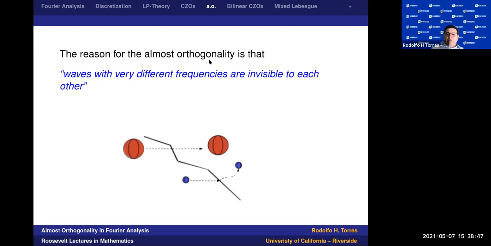Okay, if you attended this morning, you saw this picture again. The reason why this is possible is that waves that have very different frequency are invisible to each other. They don't affect each other much. And I showed this morning this cartoon, right? Imagine instead of waves, they are represented by balls of different size.